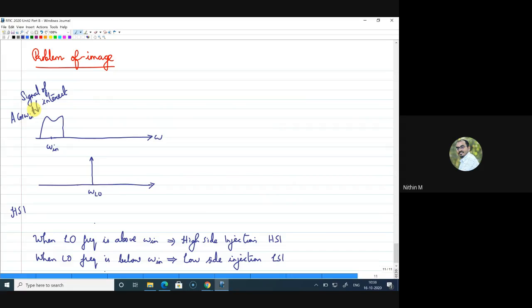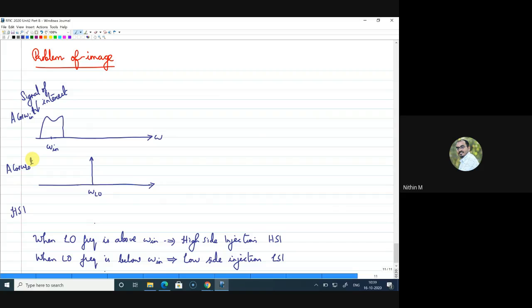Just for the equation, I'm taking it as A cos omega in t, and the LO I'll consider as A cos omega LO t.